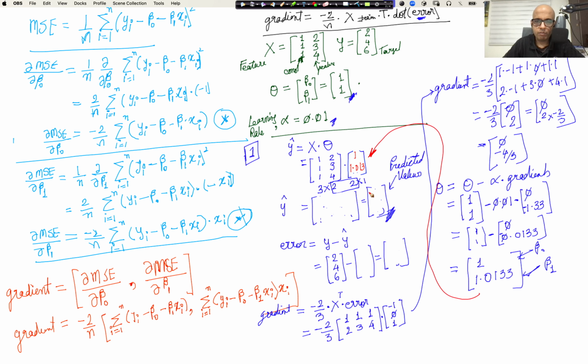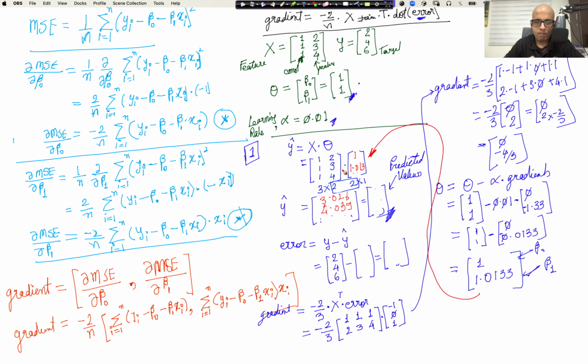so this comes out to 3.026, and the next value is 3 multiplied by 1.013 plus 1, that gets us 4.039.